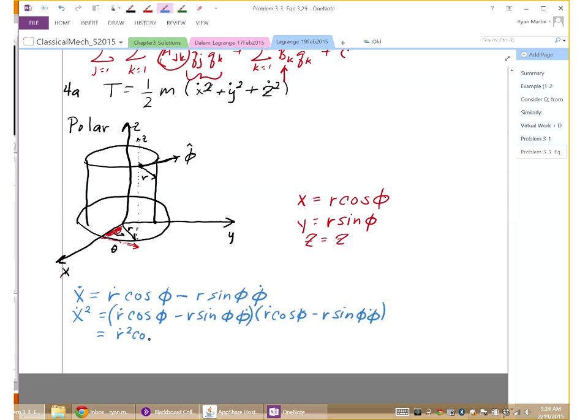So I'm going to do an r dot squared here and a cosine squared. I'm going to do kind of a shortcut here because these are the same terms. I know that I have two of them.